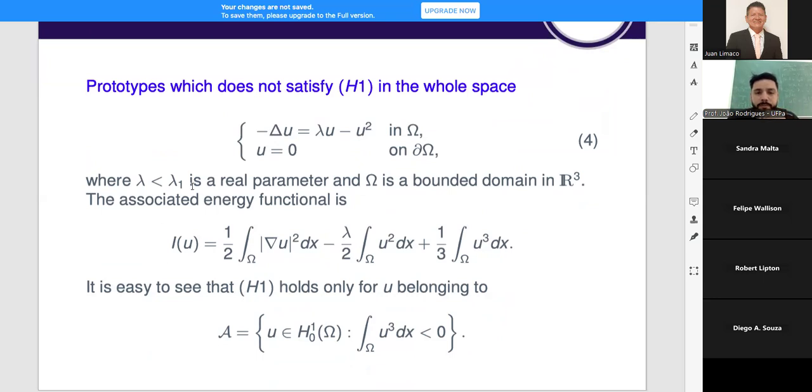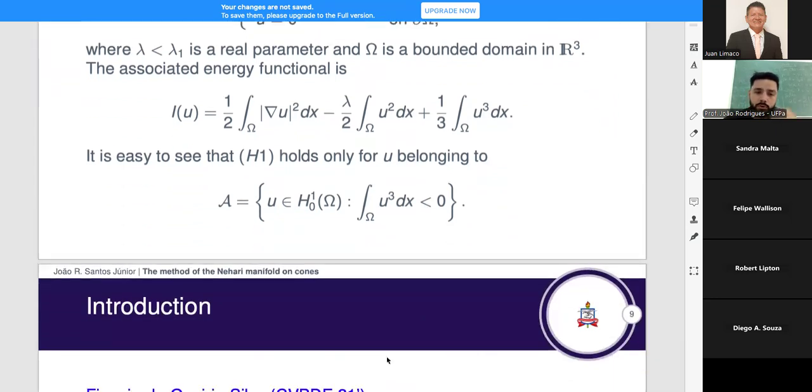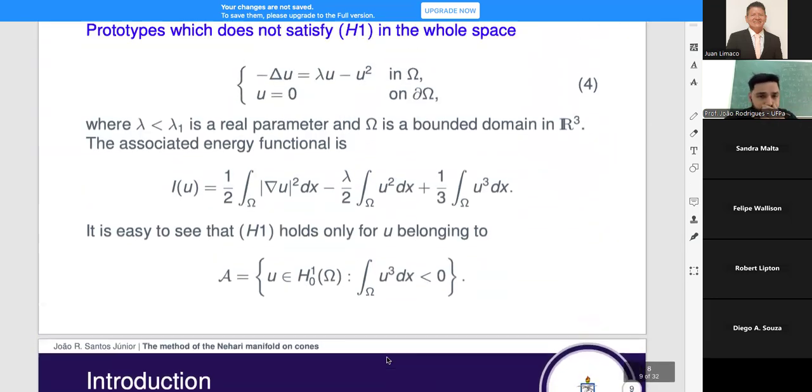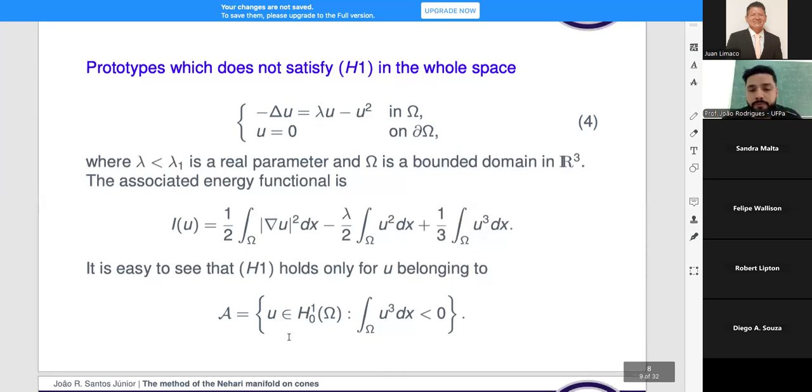Here I have this problem where the parameter lambda is less than lambda 1. And here we will consider the energy functional, again, associated to this problem. If we consider this open set A, we can see again that for functions belonging to this set, we have a unique global maximum point, but outside of this set, we don't have critical points for the fiber function.